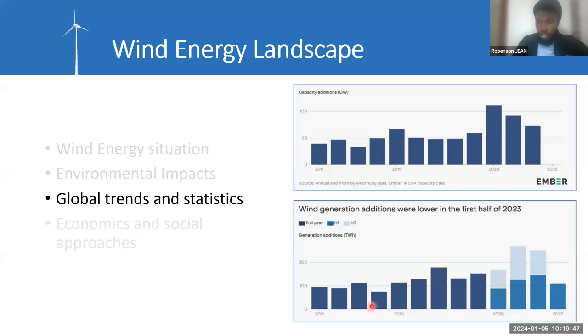In this graph we are talking about energy, so it is energy addition. In the first half of 2023, more than 100 terawatt hours were added in terms of wind energy generation.